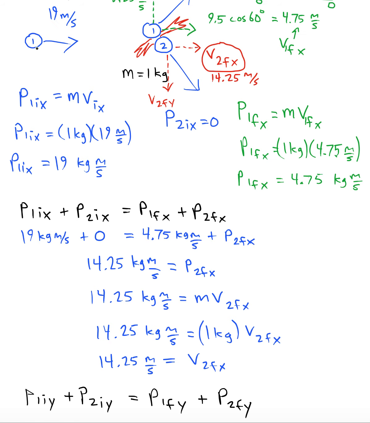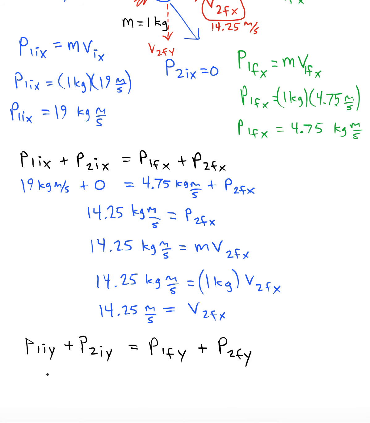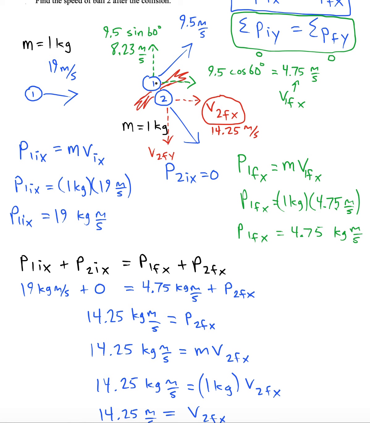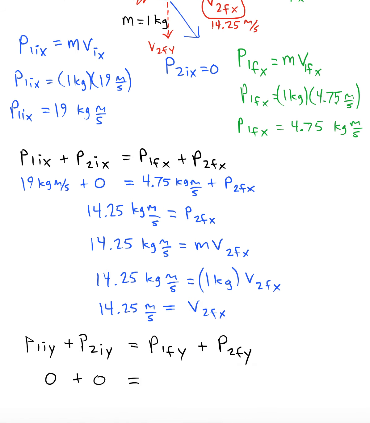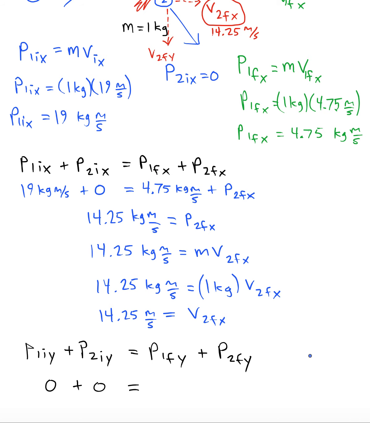According to the picture, we see the initial momentum for both balls is 0 in the y direction. So what is the final momentum of ball 1 in the y direction? Let's calculate that real quick on the side here.